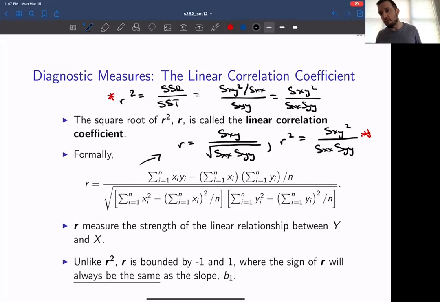Now, R squared is actually a diagnostic measure that explains how well the line is fitting the data. R, the correlation coefficient, is not truly a diagnostic measure. It's a measure of linear strength between X and Y. So R can be computed without the regression line, which would imply that R squared can also be computed without the regression line because you can just square it.